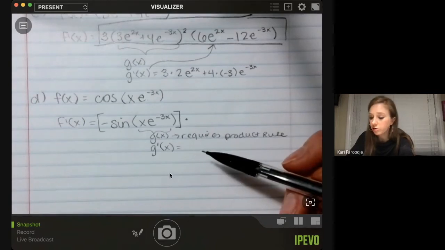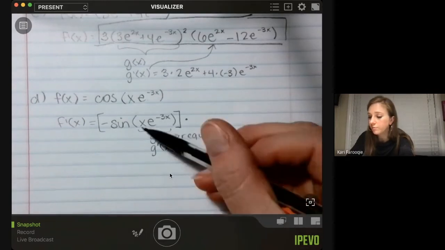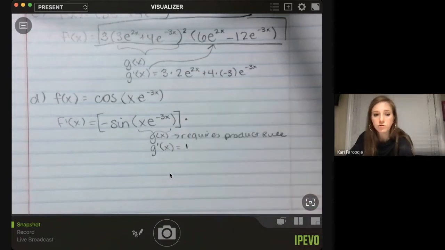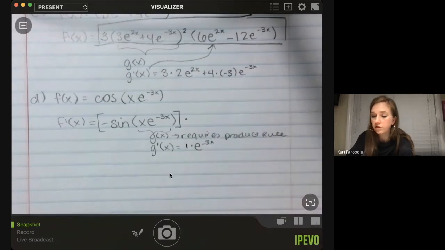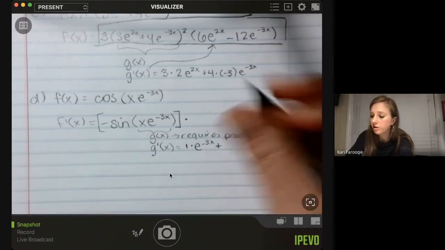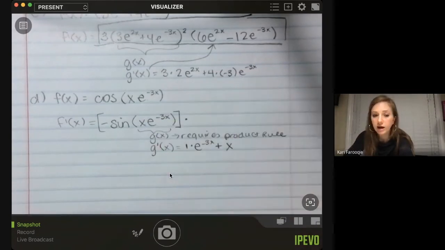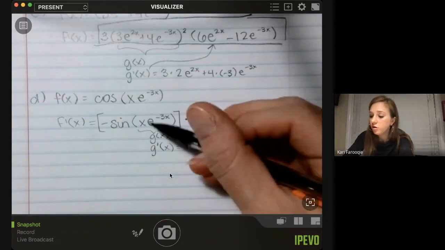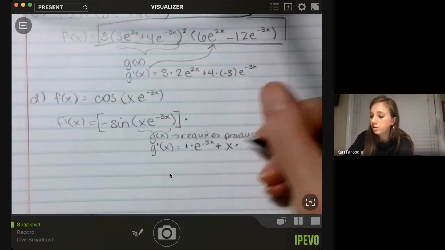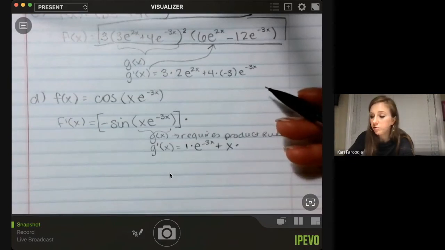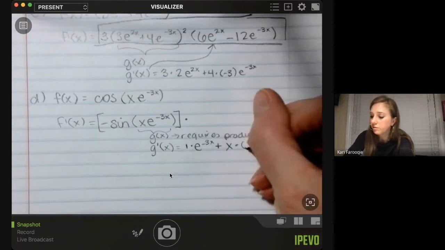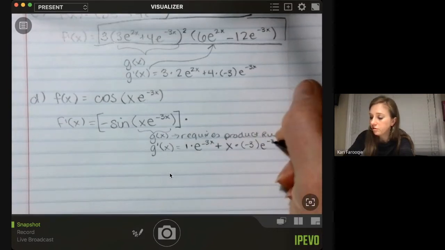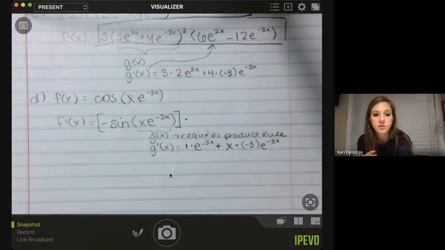You guys should have a pretty good handle on the product rule by now. f prime, the derivative of x is 1, g, e to the negative 3x, plus f, which is x, and then g prime is going to be, and we did this a couple times up here already, e to the negative 3x. We even did it up in this one, negative 3 e to the negative 3x. That's what's getting chained on here.